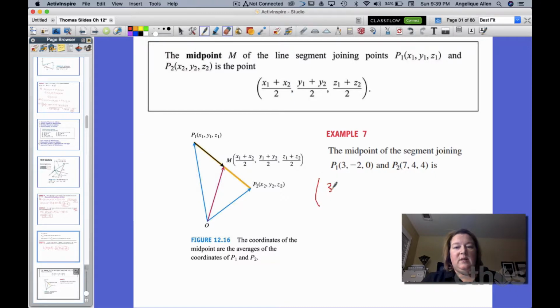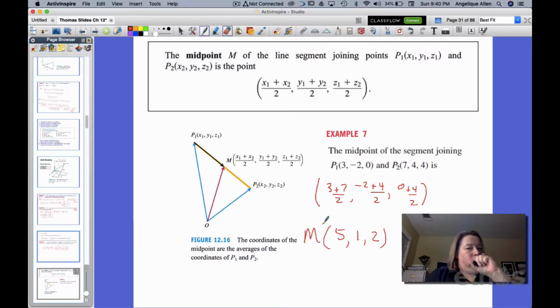Our midpoint is going to be 3 plus 7 over 2 for the x coordinate, negative 2 plus 4 over 2 for the y coordinate, and 0 plus 4 over 2. I've always preferred just to think of this as the average of each of the pairs of coordinates, rather than remember this long thing with subscripts and a lot of symbols. So this is going to be 5, 1, 2 is the midpoint of P1, P2.